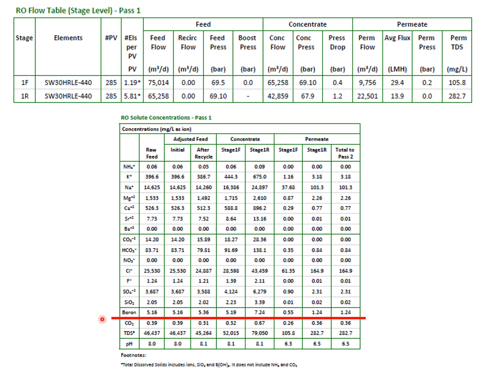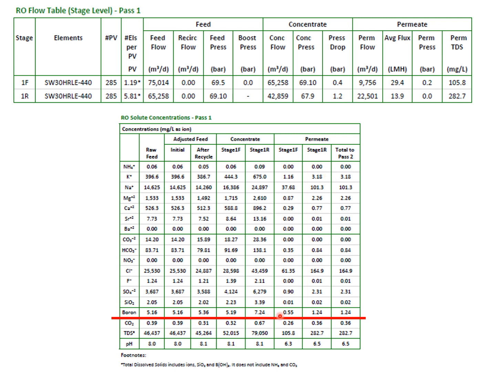So let's look at the boron concentration. In seawater, boron concentration was 5 ppm. After adjusting pH and then concentrating, we have around 7.24 boron in the concentrate.